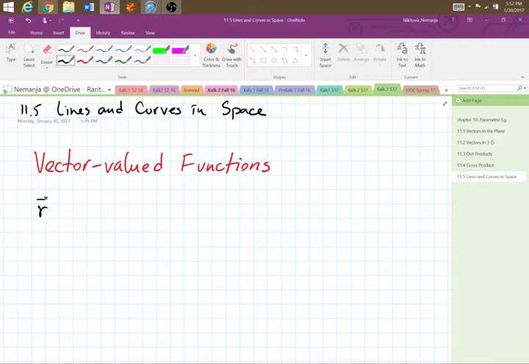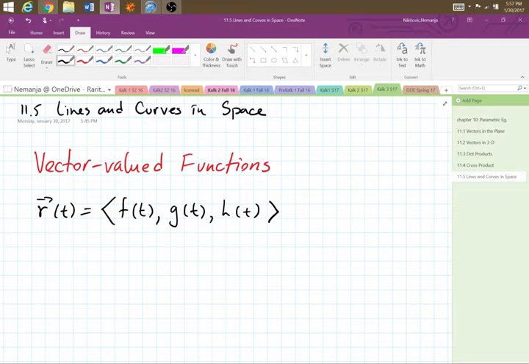So we'll start with a notation where this could be actually any dimension, because vectors are not restricted to be 2D or 3D. But we only use the parameter t as the input. So this is going to be a vector that will have 3 components, and all 3 components are functions.